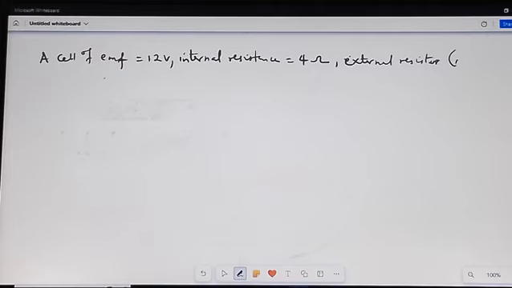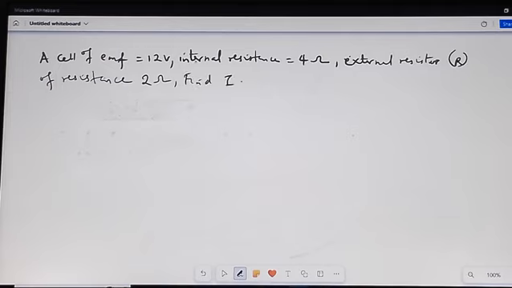The external resistor is R, so an external resistor of resistance 2 ohm. Find I.